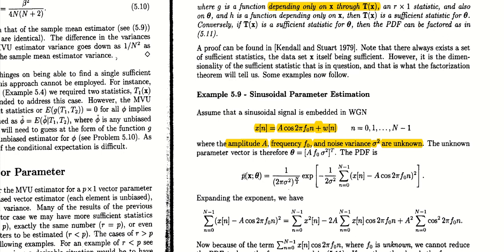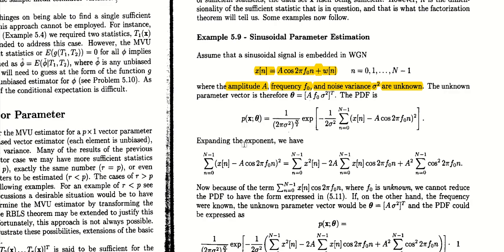And then the PDF is p of x theta equal to 1 over 2 pi sigma square to the n over 2, times the exponent of this thing. This is Gaussian, right?